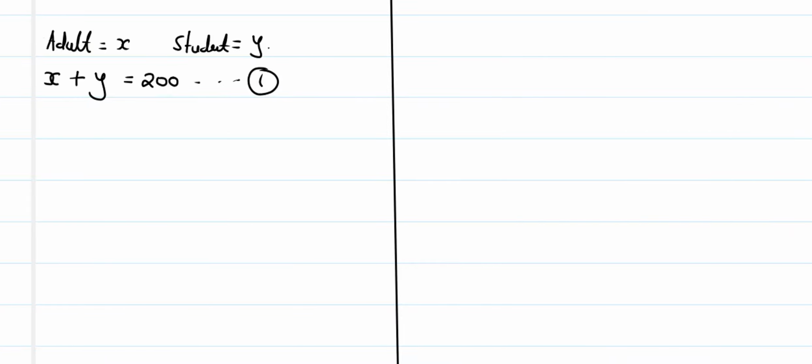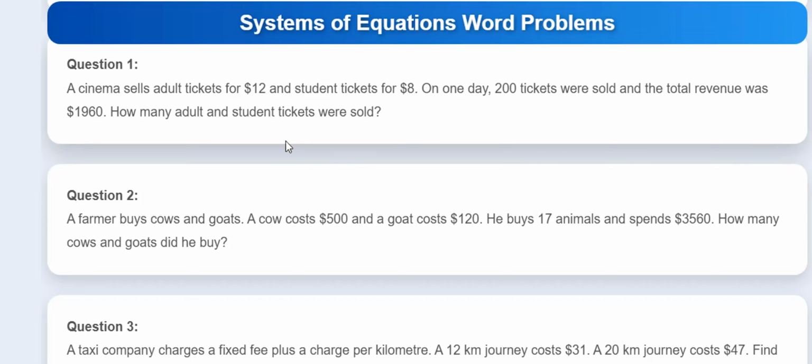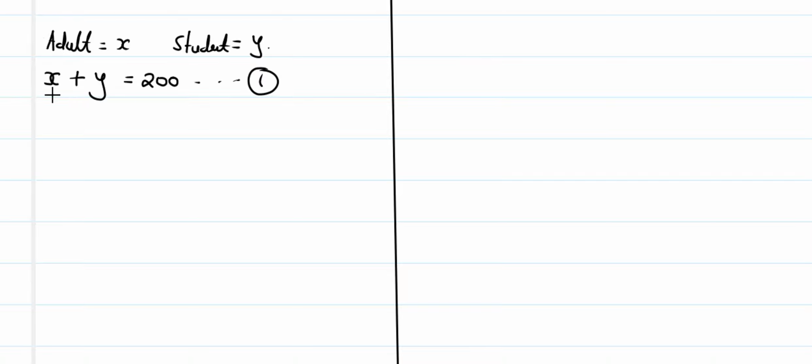Then you are told a cinema sells adult tickets for 12 and student tickets for 8. Meaning each adult ticket costs $12, but we already know adult tickets were X. So how much did the whole number of adult tickets cost?